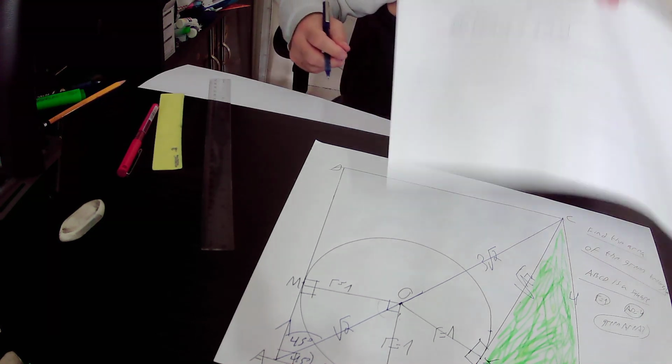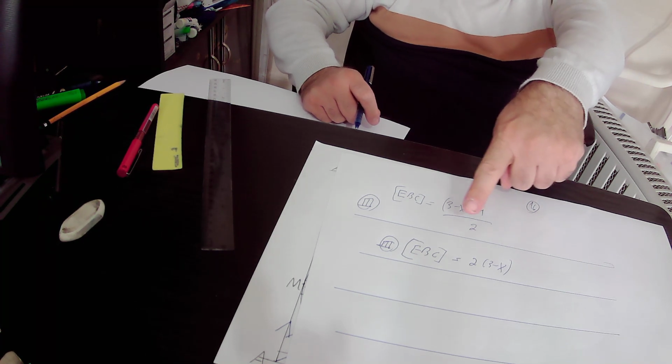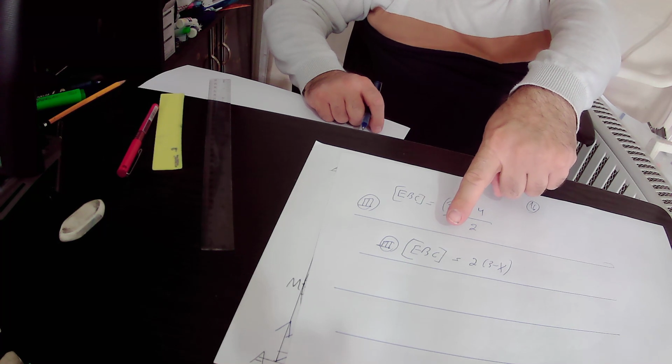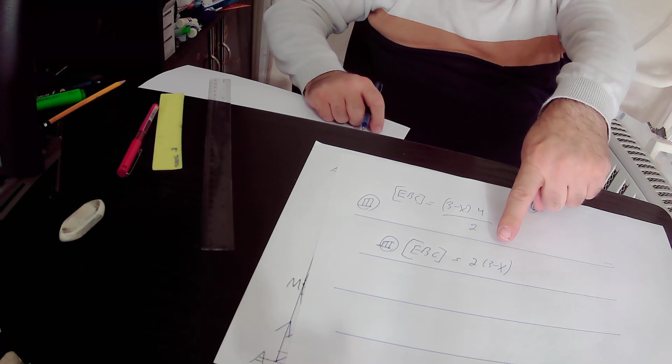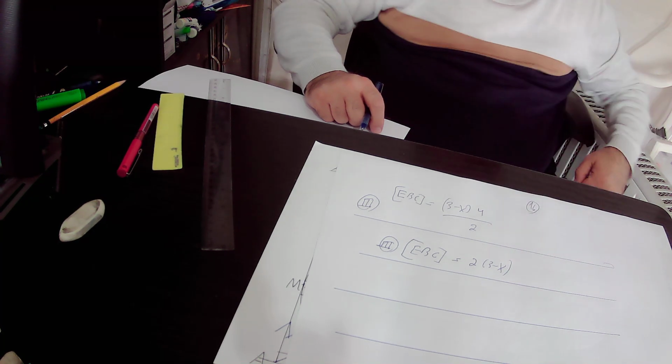So in conclusion, we found out that the area, according to equation number 3, the area of the green right triangle EBC equals 4 over 2, which is 2, so it equals 2 times (3 minus x).